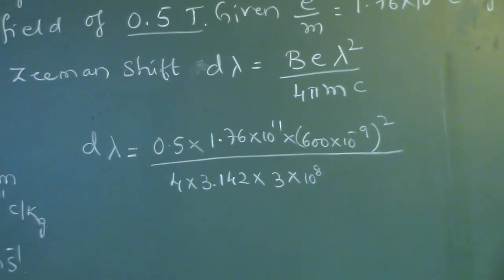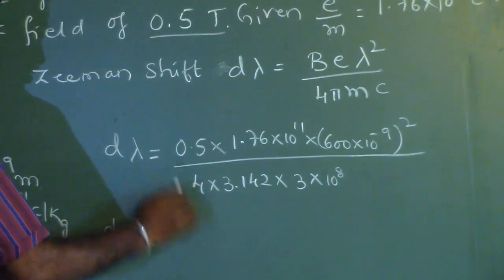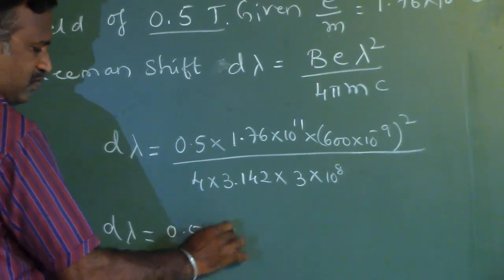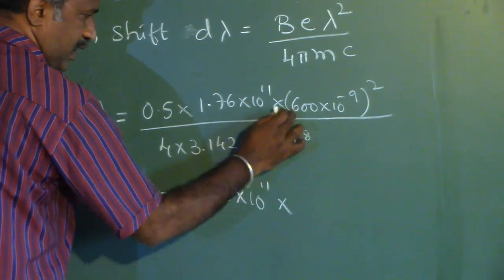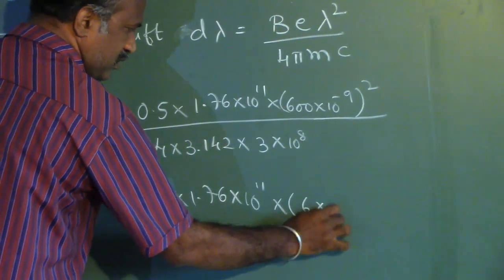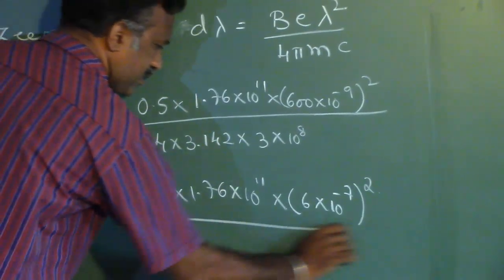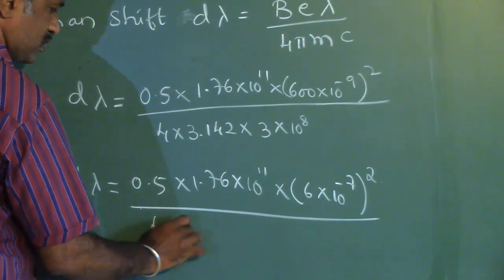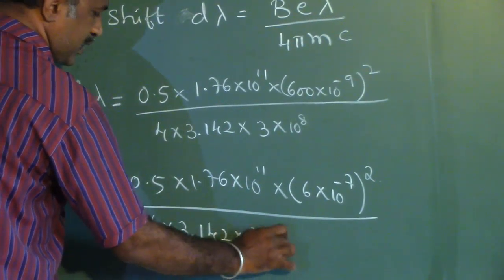If I substitute this and simplify, we have 0.5 as it is, 1.76 into 10 to the power of 11, into 6 into 10 to the power of minus 7 the whole square, the whole divided by 4 into 3.142 into 3 into 10 to the power of 8.